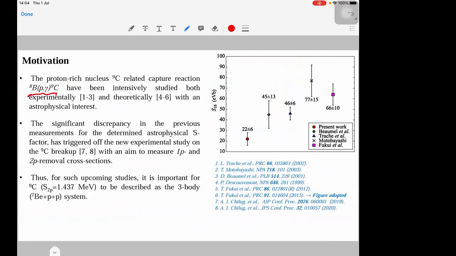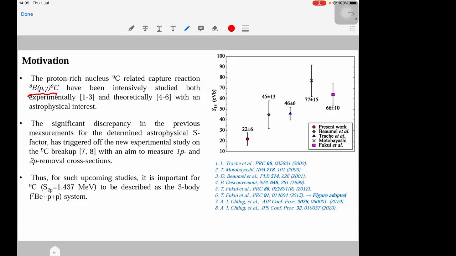One can see from the figure on the extreme right, in the past all these theoretical and experimental studies have determined astrophysical S factors. There is a significant discrepancy in the previous measurements of the determined astrophysical S factor. All these studies reported different astrophysical factors.